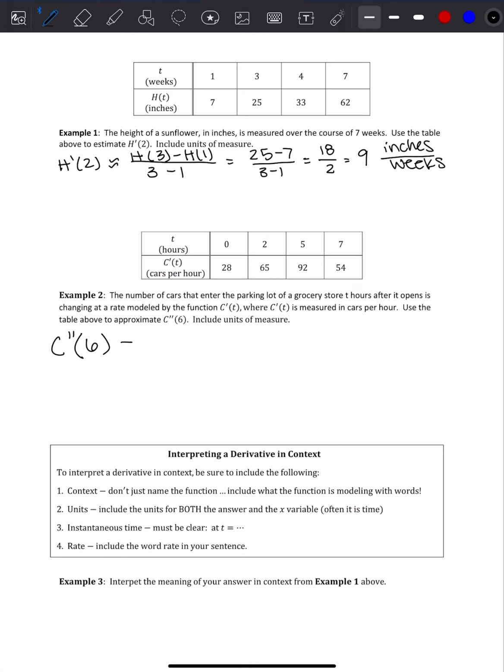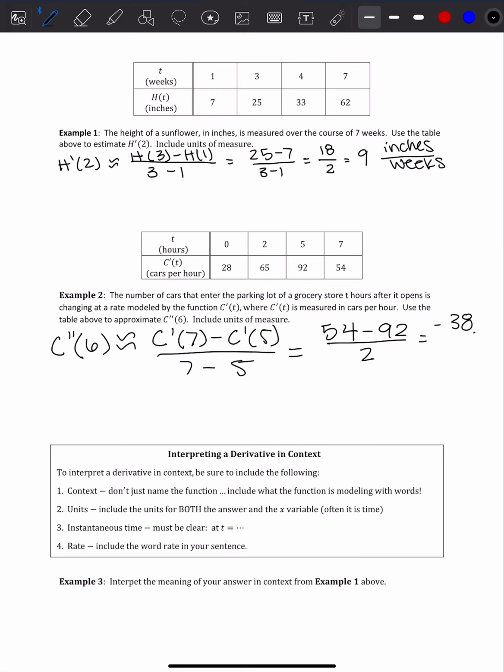So c double prime of 6 is approximately c prime of 7 minus c prime of 5 divided by 7 minus 5. We have 54 minus 92 over 2. 54 minus 92 is negative 38 over 2. Negative 38 over 2 is negative 19.